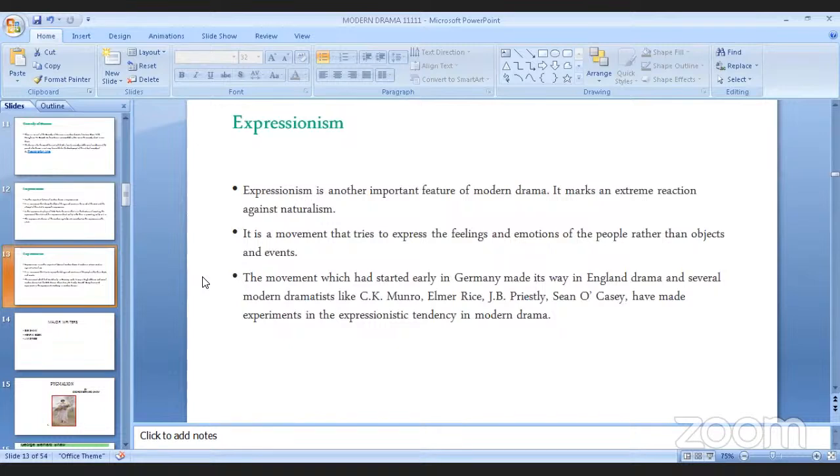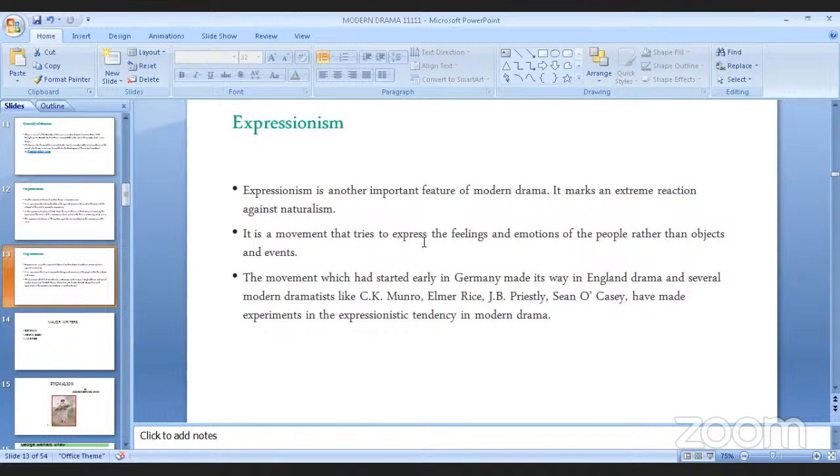Next, moving on to expressionism. What is this form? Now, it's another important feature of modern drama. It marks an extreme reaction against naturalism. It is a movement that tries to express the feelings and emotions of the people rather than objects and events.